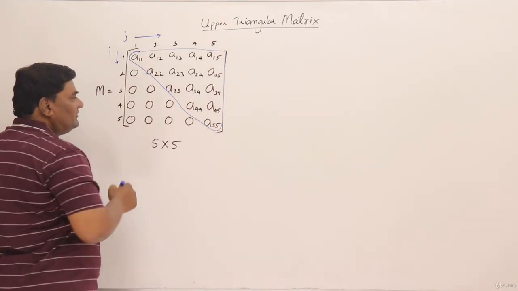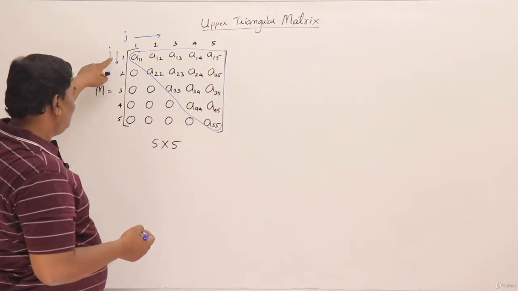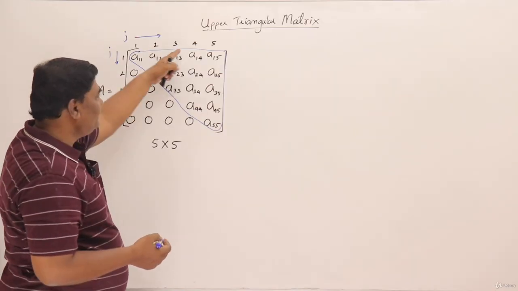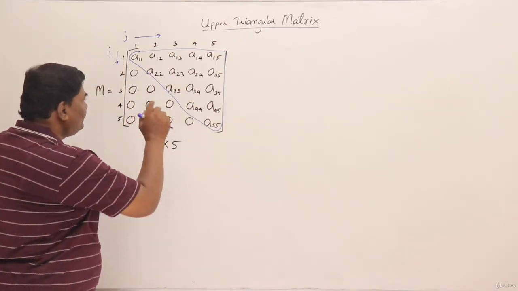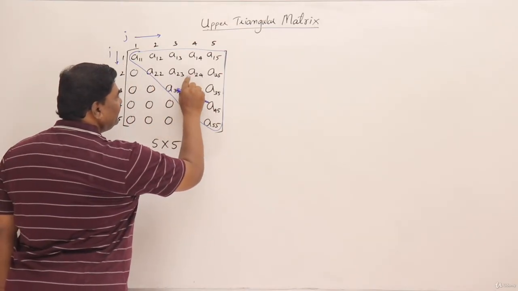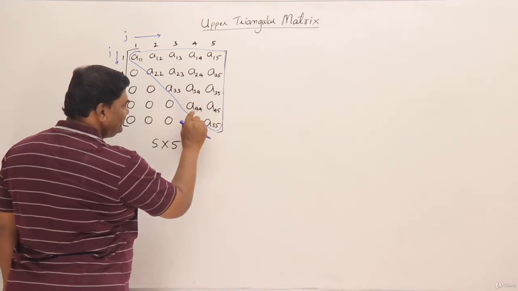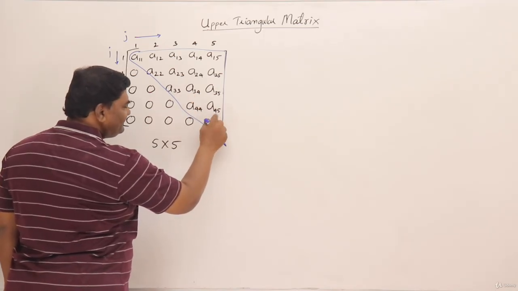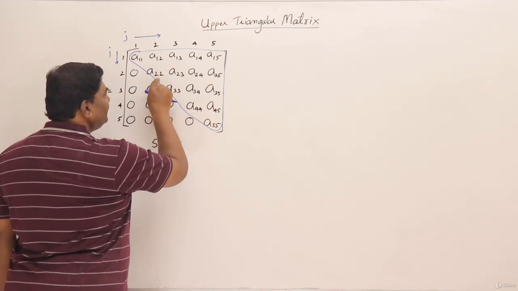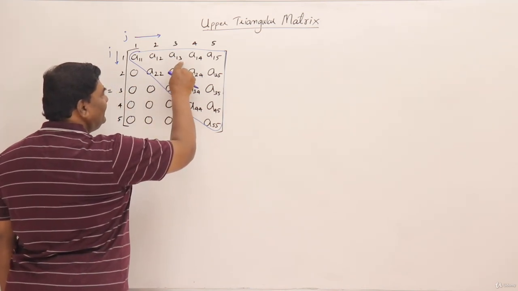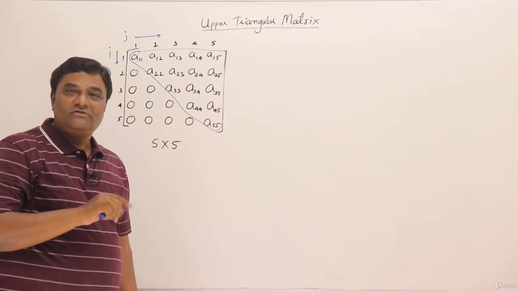These are non-zero. If I observe indices i, that is row numbers, and j, that is column numbers, which elements are non-zero? If I observe, this is 2 3, 2 4, 3 4, i is less than j; 4 5, i is less than j; 4 4, i is equal to j; 1 3, i is less than j. So elements with i less than or equal to j are non-zero.